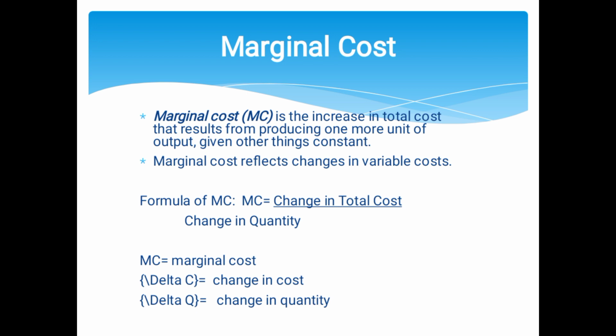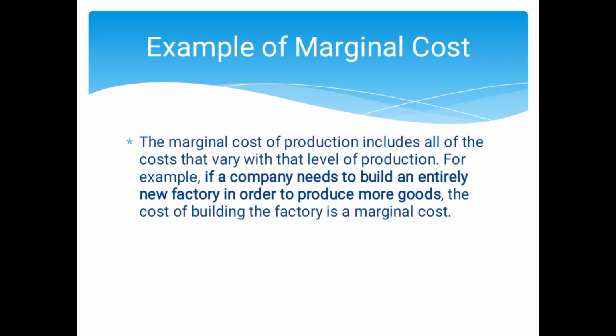Marginal cost is equals to change in total cost over change in quantity. So MC means marginal cost, delta C is equals to change in cost, delta Q is equals to change in quantity.